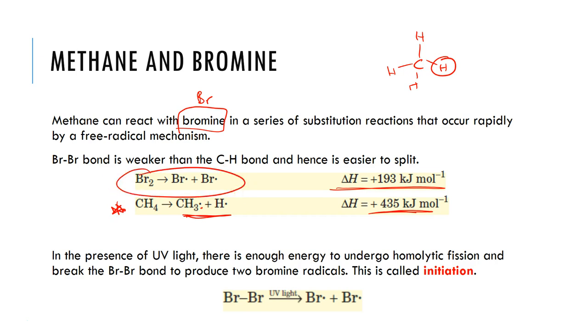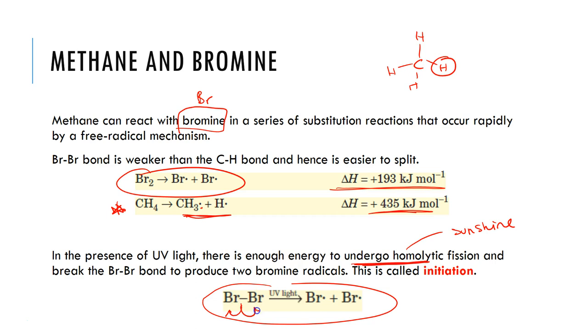Then, in the presence of UV light, this homolytic fission can happen for bromine, i.e. in sunshine, where we've got UV. This process here, where the homolytic bond of a halogen breaks to give us two radicals, is what we call the initiation step, how everything is started.